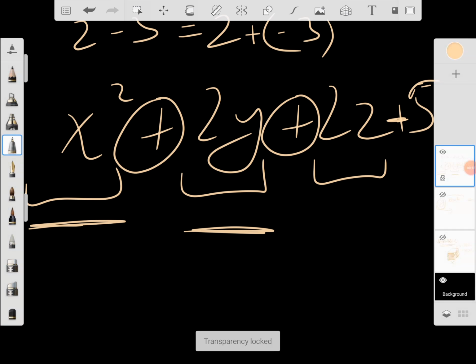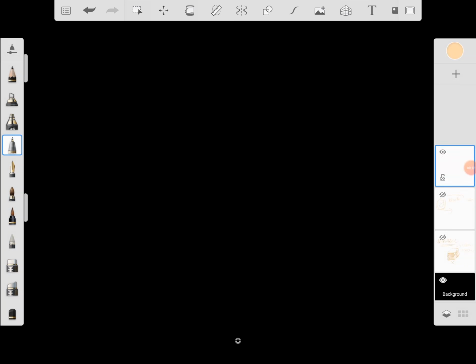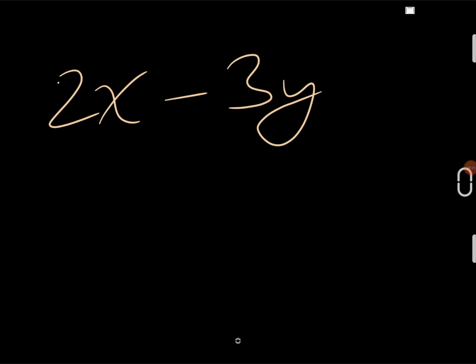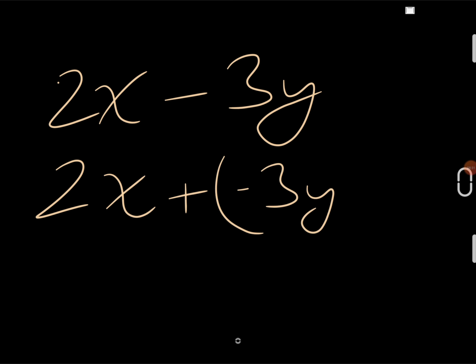So for example, if my question is 2x minus 3y, then where is the plus? The plus is always there. 2x minus 3y is actually 2x plus minus 3y. Right, so therefore this is the term. So the terms are 2x and minus 3y, not 2x and 3y. I hope you'll be careful in that.